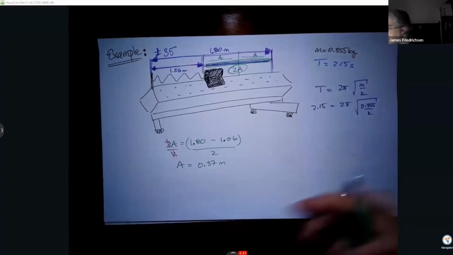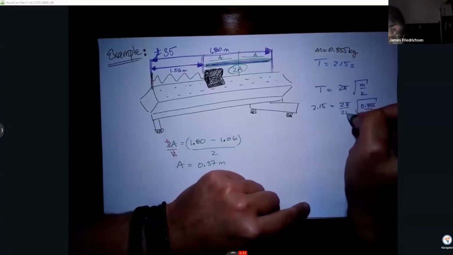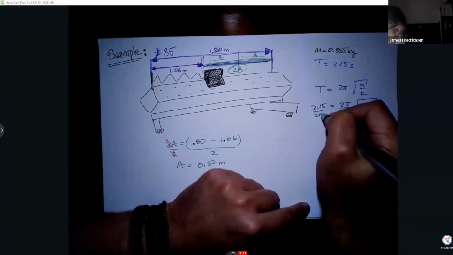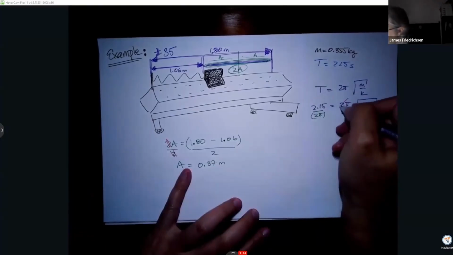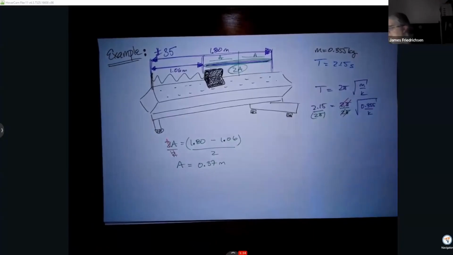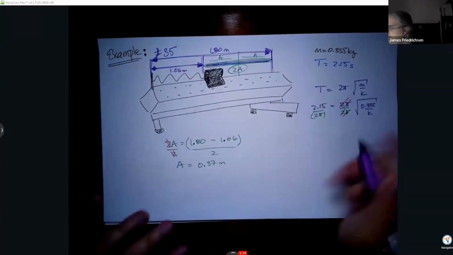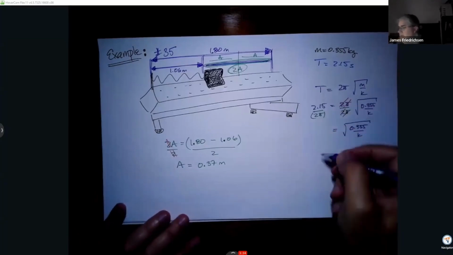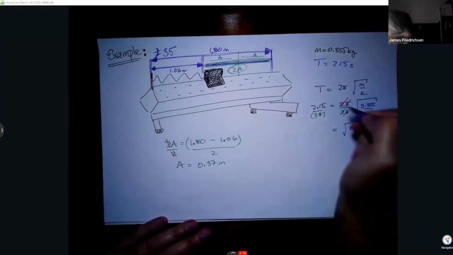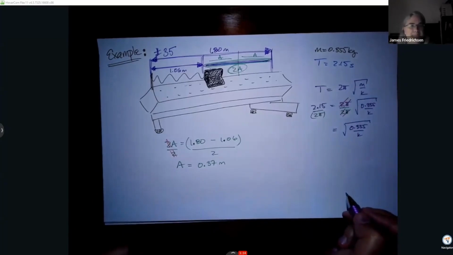So to solve for k, we're going to divide both sides by 2 pi. And what do we get for 2.15 divided by 2 pi?